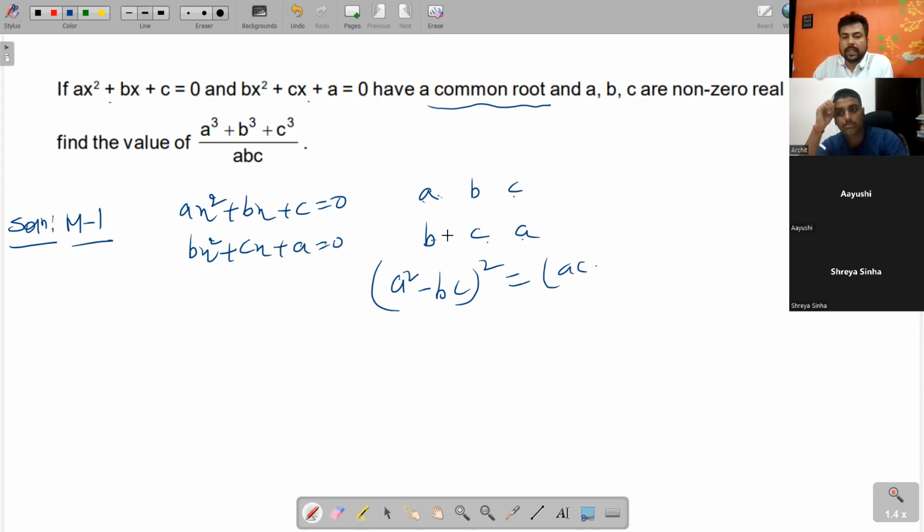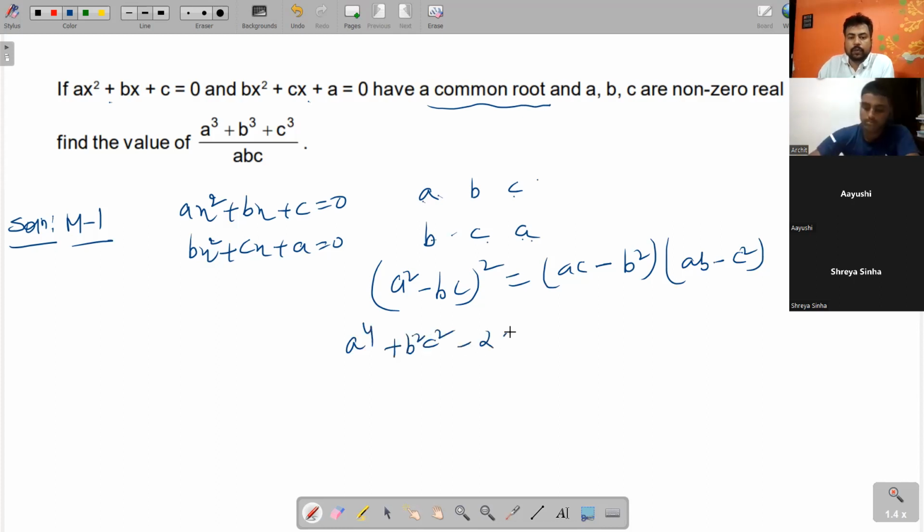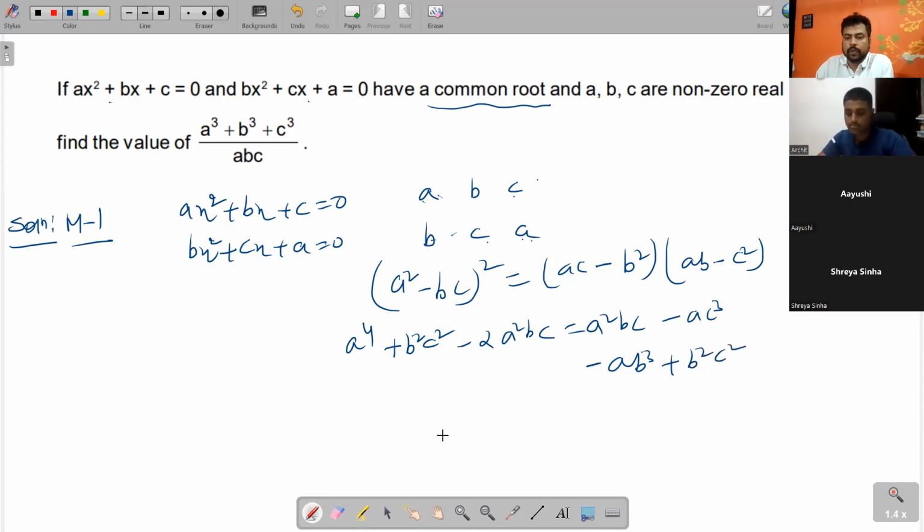Okay. Sorry. So apply the condition of one common root: a into c minus b into b, that is b square, and then b into a, ab minus c into c, that is c square. Let's solve this. You'll get a4 plus b squared c squared minus 2 a squared bc equal to a squared bc minus a c cube minus a b cube plus b squared c squared.